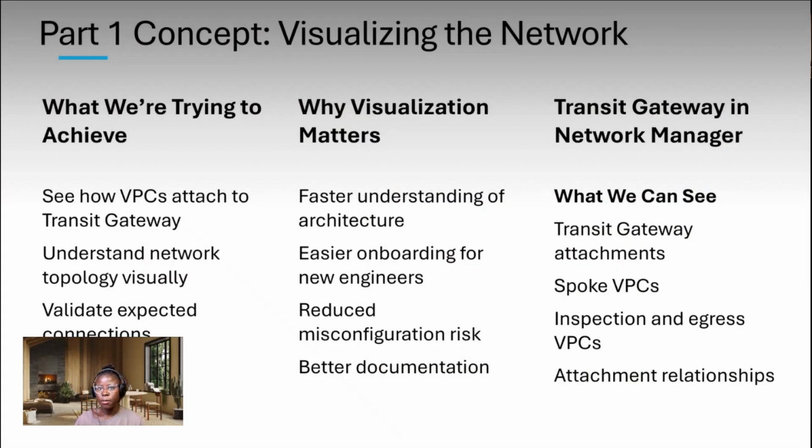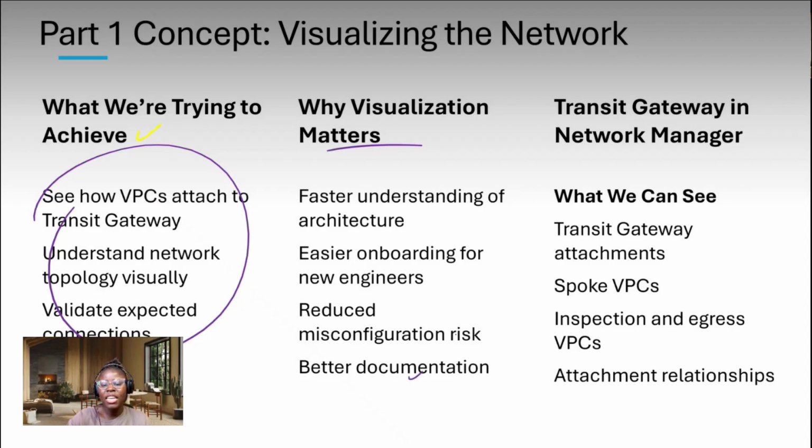The first part, we are going to be visualizing our network. What we're trying to achieve in this case is, instead of reading route tables and attachments manually, we want to create a visual map of how everything connects. If we have a visual topology, it often reveals issues that text-based configurations hide.